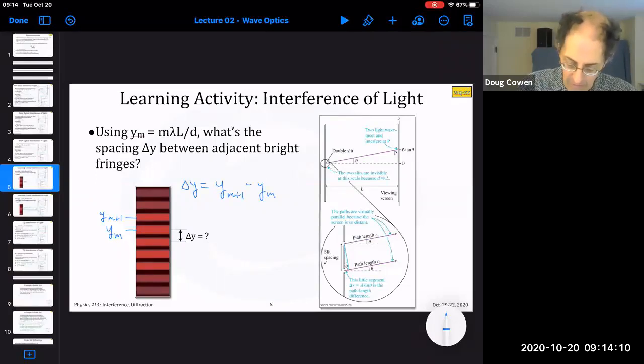So if we plug m plus 1 into this expression and then plug m into that expression and take the difference, we'll get what delta y is.